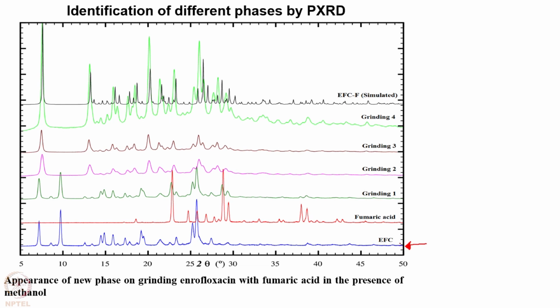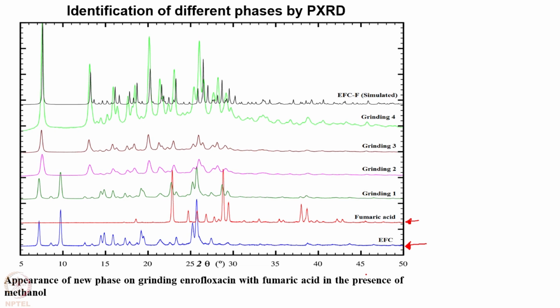The lowest one is a pure drug called enrofloxacin. The second one that we have is a co-crystal former, an organic acid, fumaric acid, and we tried to mix them in 1:1 ratio and grind them using some solvent, thinking that they will react and form a salt.